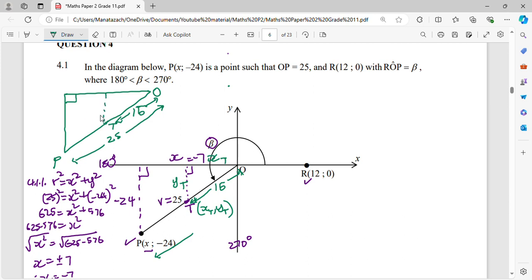And then, sorry, this should be YT, the y coordinate of T. Then this is XT. You know that this whole distance here all the way over here is minus 24, and then this whole distance from O of the big triangle is minus 7.